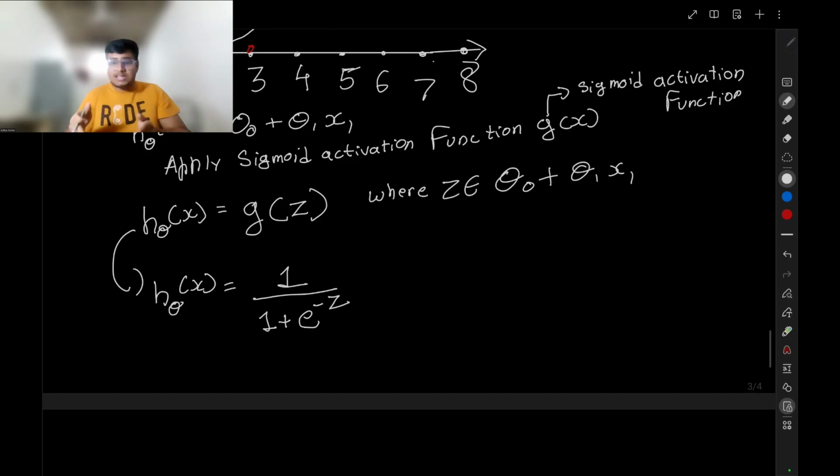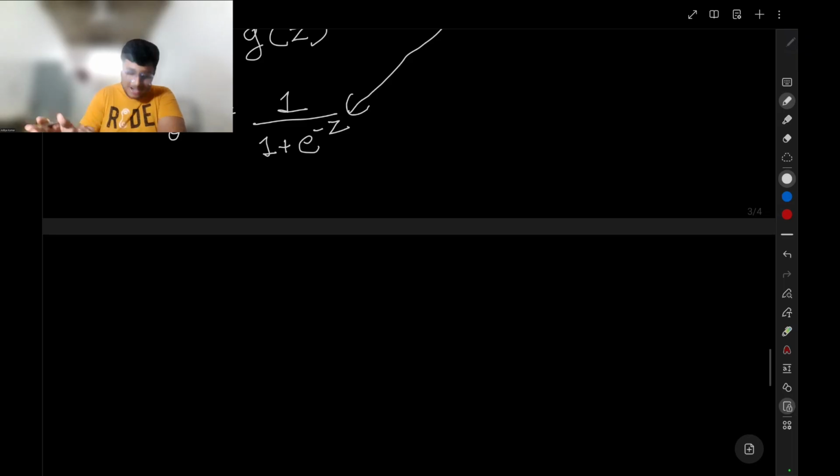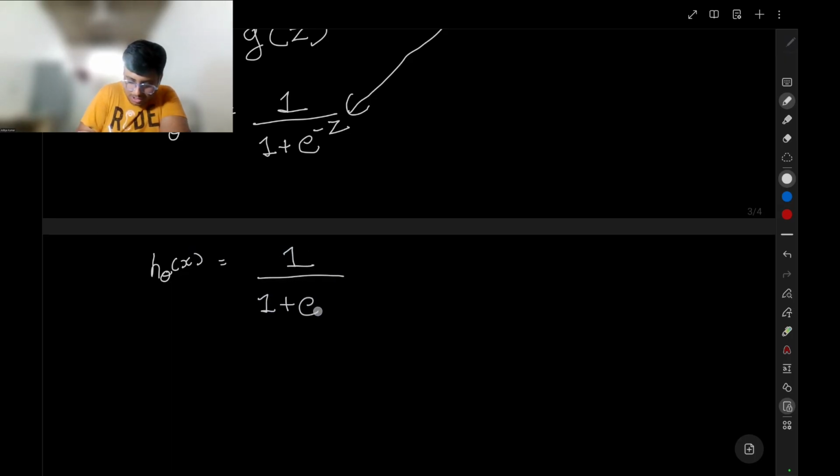Now, let's put the value of z that we assumed earlier. After expanding this equation, h theta of x will be 1 upon 1 plus e raised to the power minus of theta naught plus theta 1 x1.